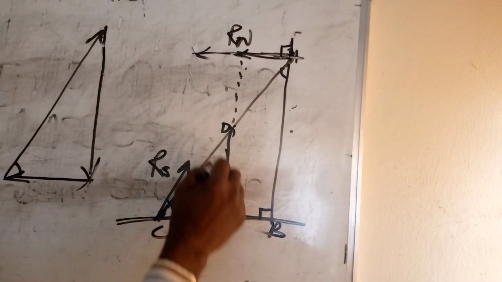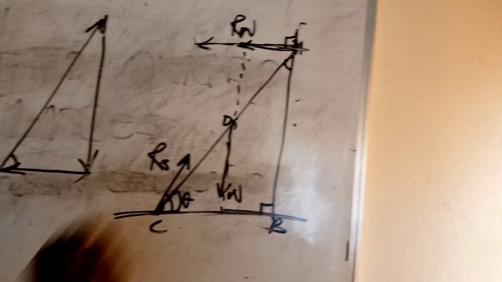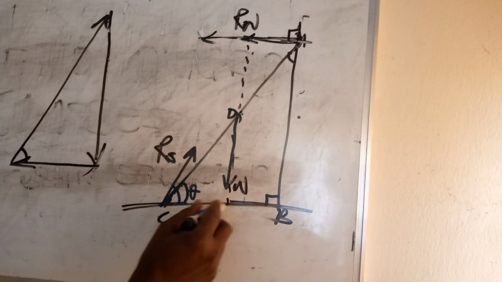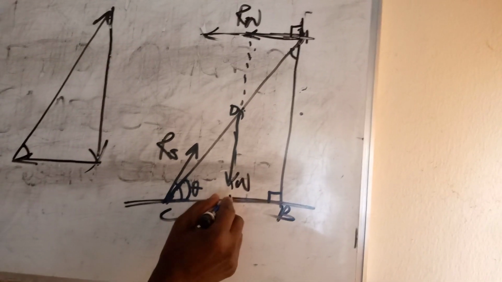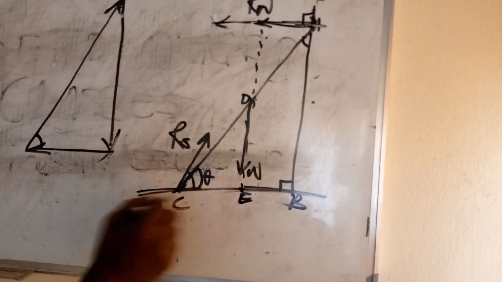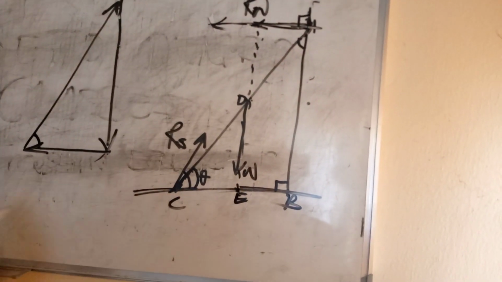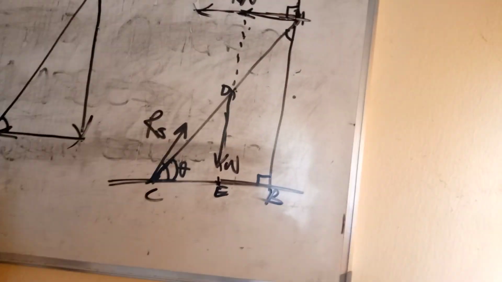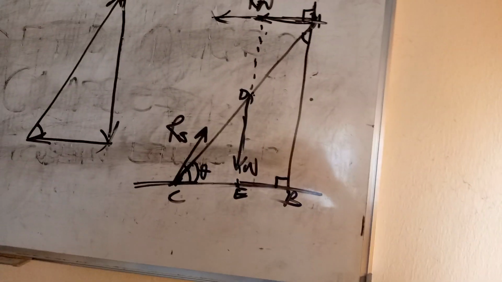With that, if we produce this, we can automatically know from E to C. We can know E to C by trigonometry, since we know this angle and we know the length DC, which is half of the length of the ladder. So if we know this, we are able to get this.